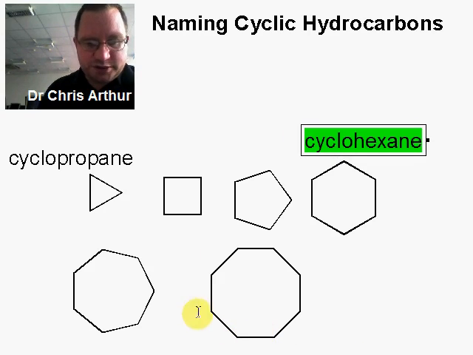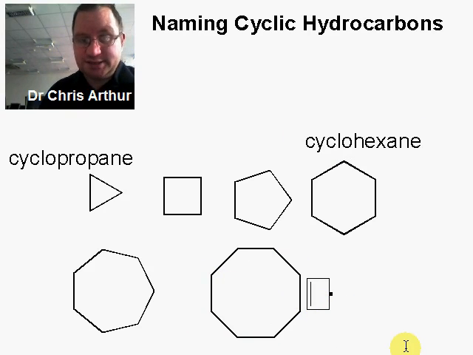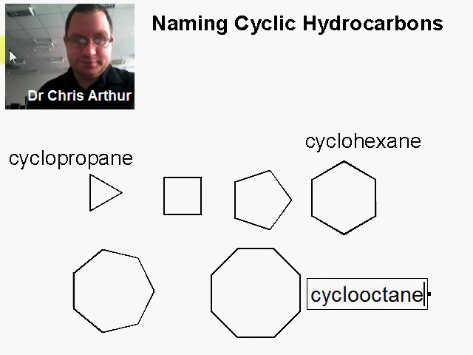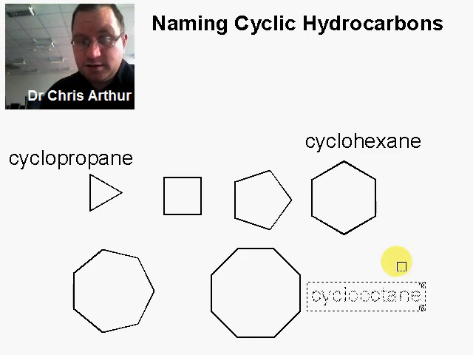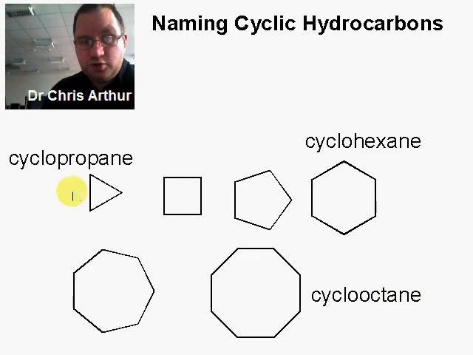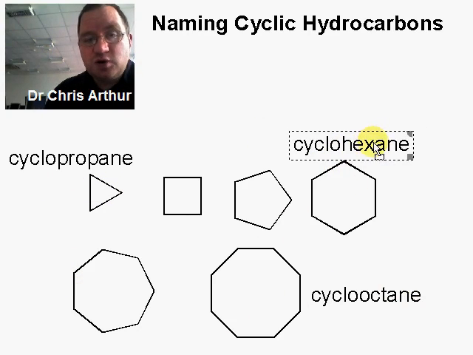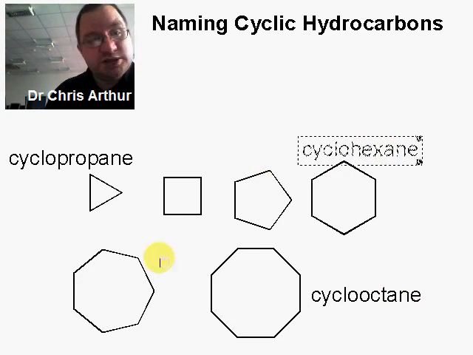This one down at the bottom has 1, 2, 3, 4, 5, 6, 7, 8 carbons in it, and this is cyclooctane, for instance. Okay, so we're just saying, well, we'll put cyclo in the front to tell it's a cyclic system.